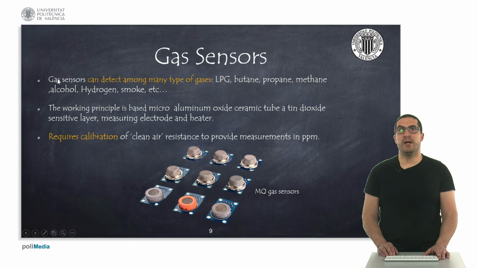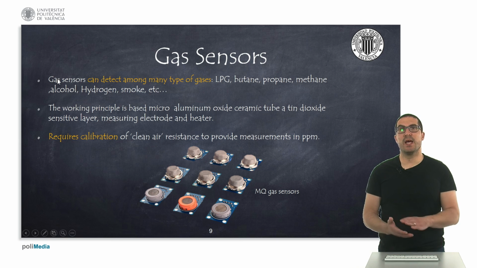Then we have a different kind of sensors. They are called MQ gas sensors, and they are different types of sensors depending on the gas that we would like to detect. There are many types of gases that they are able to detect, like LPG, butane, propane, methane, alcohol, fumes, etc. The basic principle is that they have some kind of aluminum oxide ceramic tube and a sensitive layer.